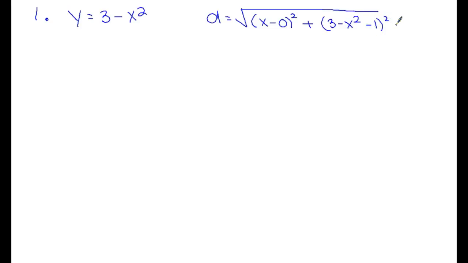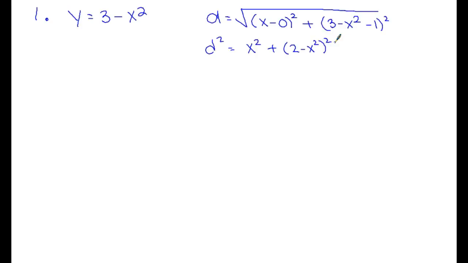Okay. And then did you do what I did, which was to throw the square root to a squared, or did you leave it as a square root? Okay. So then you have d squared equals x minus 0 squared just becomes x squared. And then in here, did you clean it up? So did you say, okay, 3 minus 1 is going to be 2. So then you have plus 2 minus x squared squared.